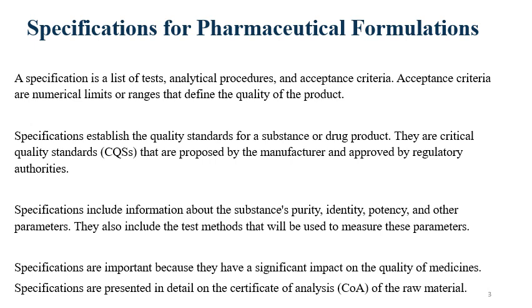Specifications are presented in detail in the certificate of analysis, that is COA, of raw material or finished product or in-process material. So you might have heard about the word COA. All these tests, their procedures, criteria, and whether the product or raw material complies or doesn't comply is given in the COA.